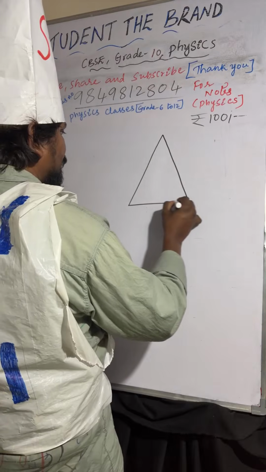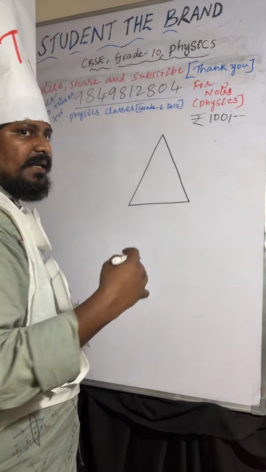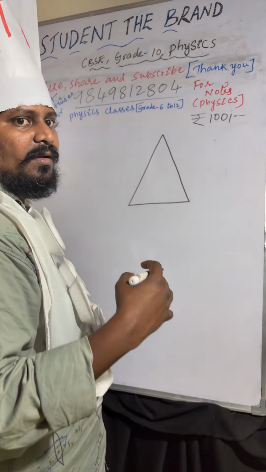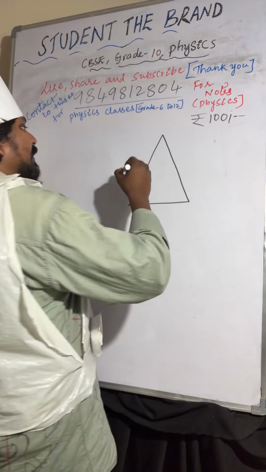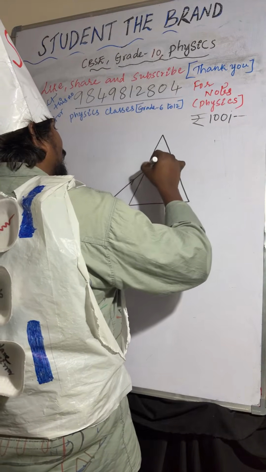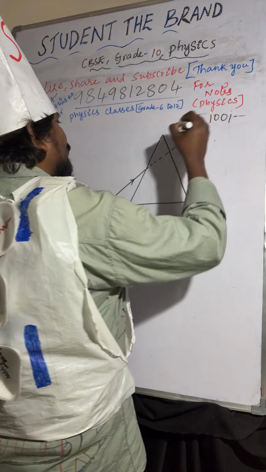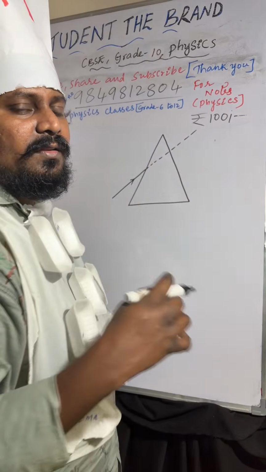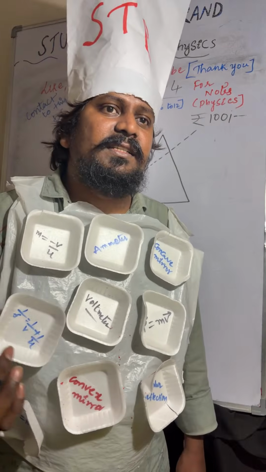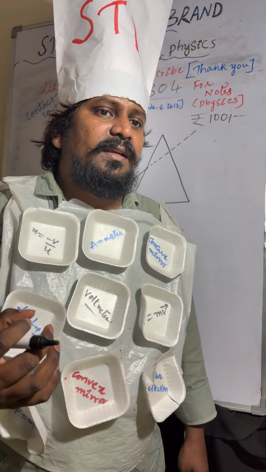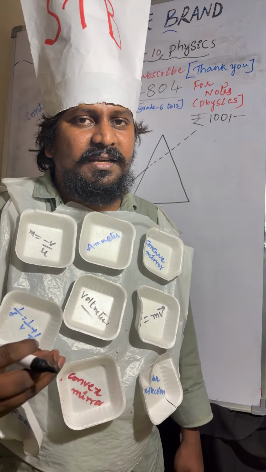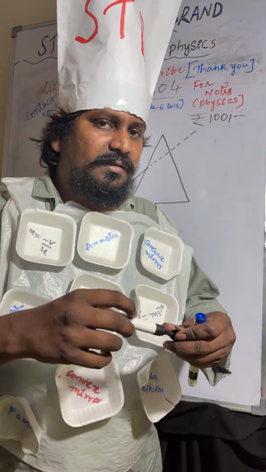This is a prism. Light rays are incident on it. If the light ray is incident on it, we can see here the splitting of white light into 7 colors is known as dispersion.